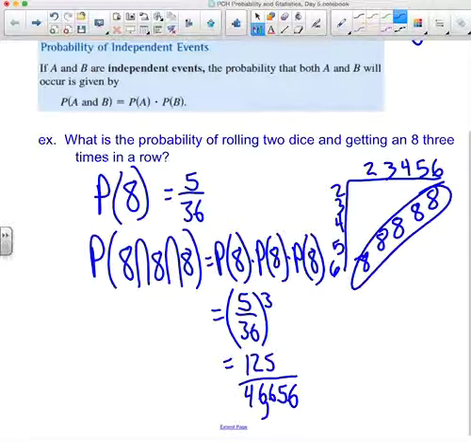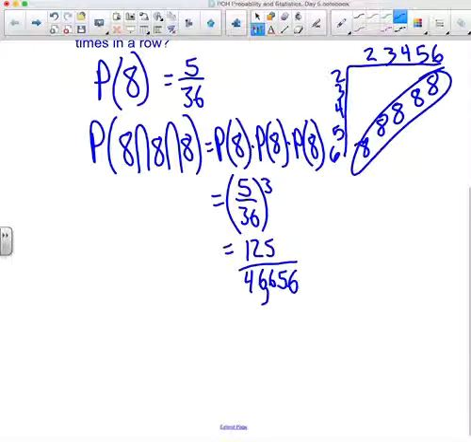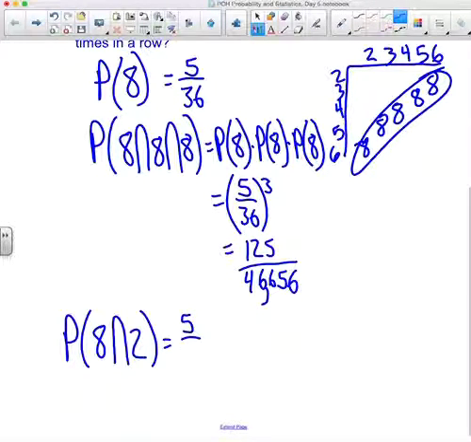They don't have to be the same event, like we had here. We could also say, what's the probability of rolling an 8 and a 2? In this case, we're talking about rolling an 8 in the first roll, a 2 on the second roll. Well, the probability of rolling an 8 is 5/36.